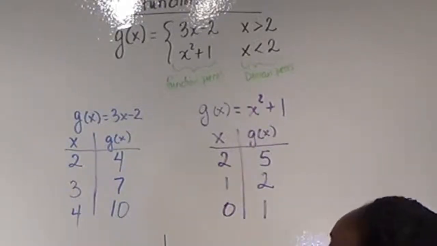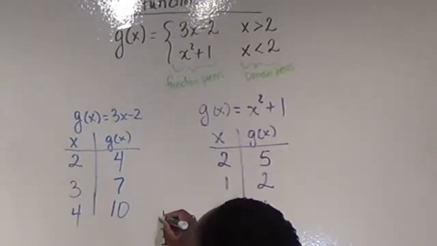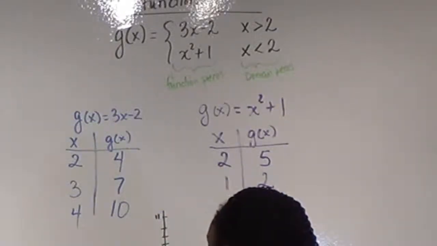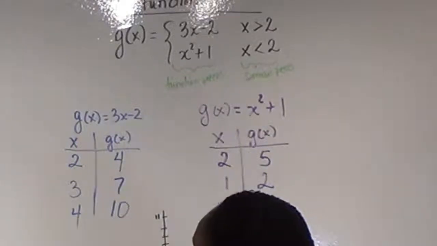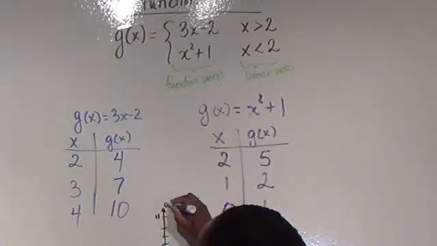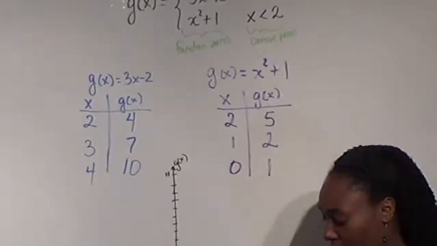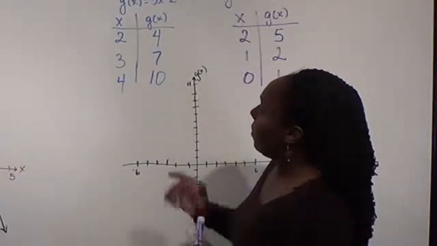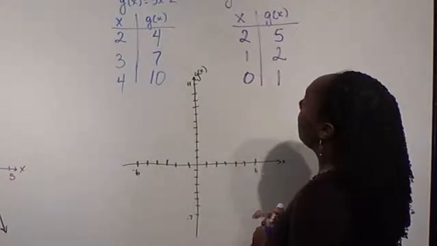So to graph, again, I'll start by labeling my graph. In my graph, I can see I'm going to start at 2.